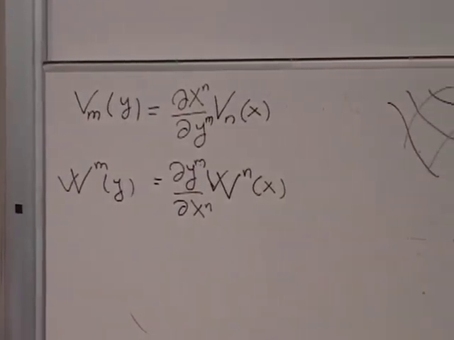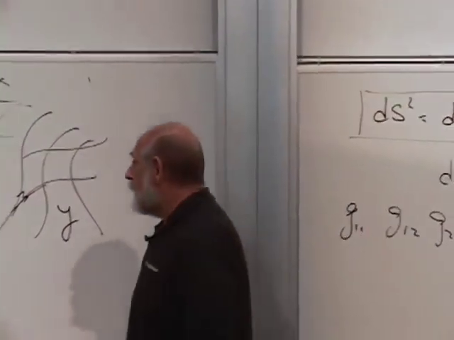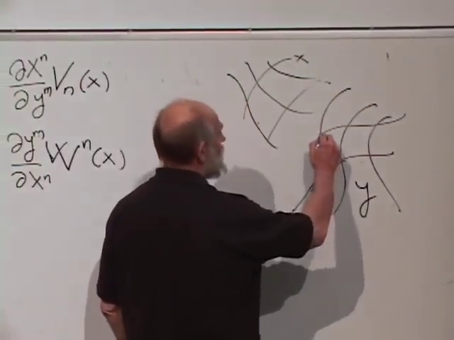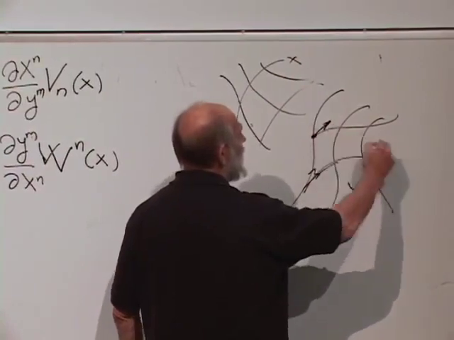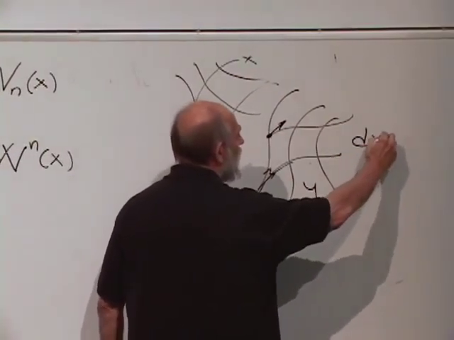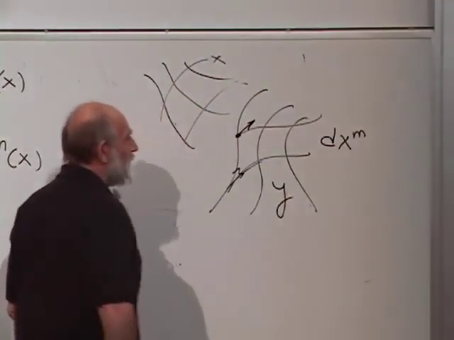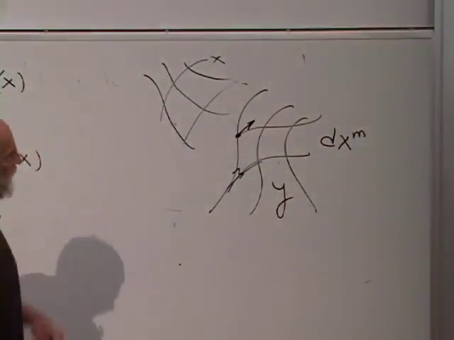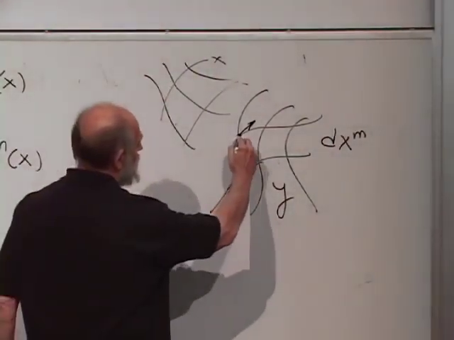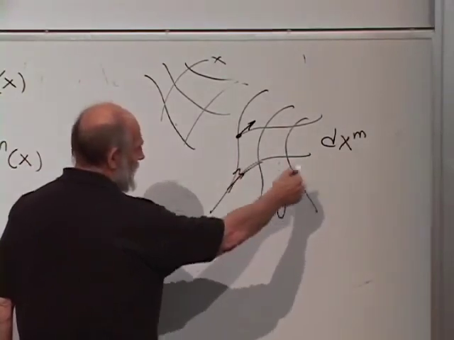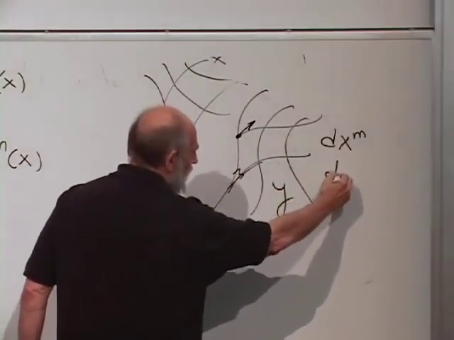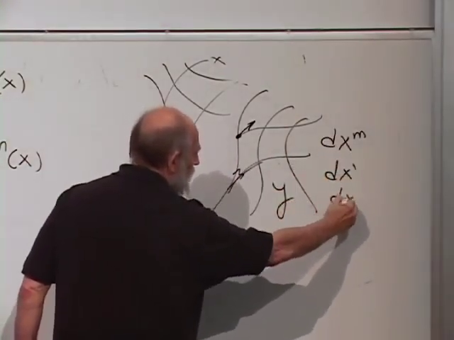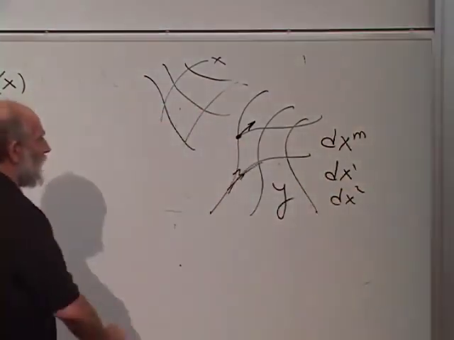Here's a covariant vector. An example of a contravariant vector would just be a small displacement, dx m. dx and dy representing a small little displacement. Well, dx1 and dx2. Let's see, here's the x coordinates.